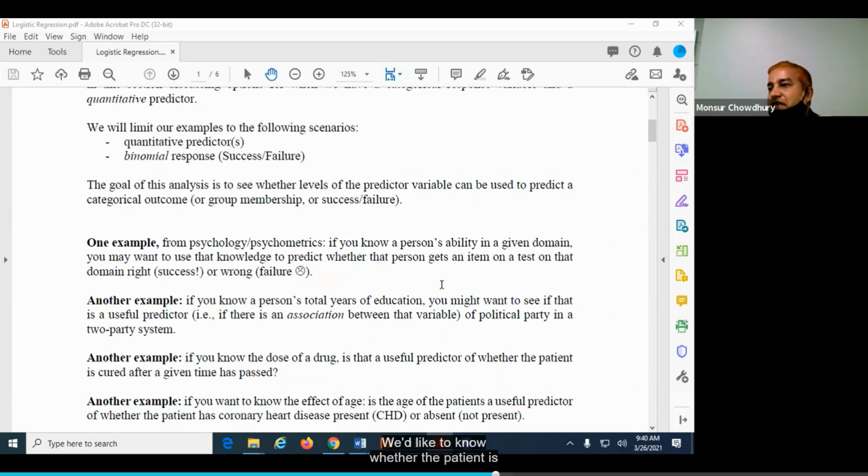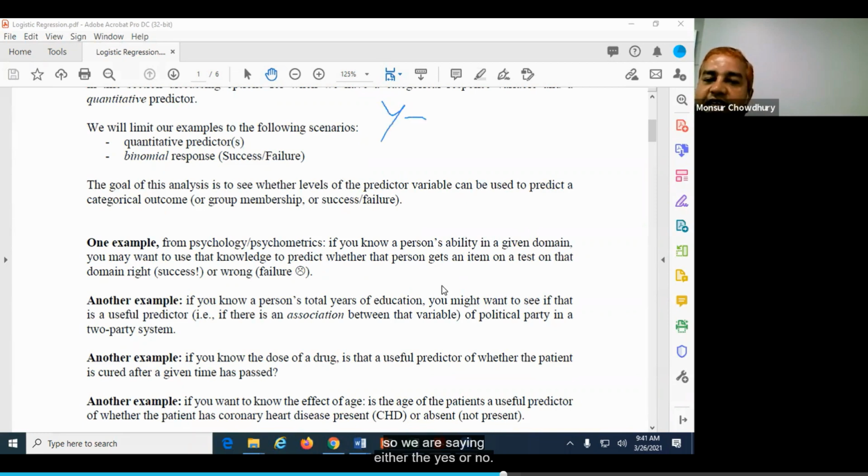So we'd like to know whether the patient is cured or not, given the dose, which is a quantitative variable. Or is the age of the patient a useful predictor of whether the patient has coronary heart disease or not. So you can see our response variable in this case is always a dichotomous one.